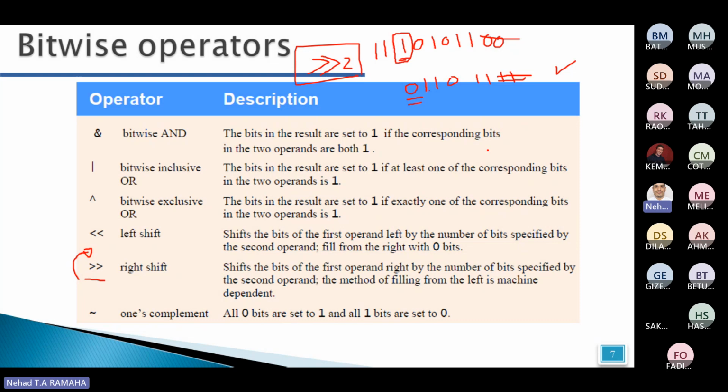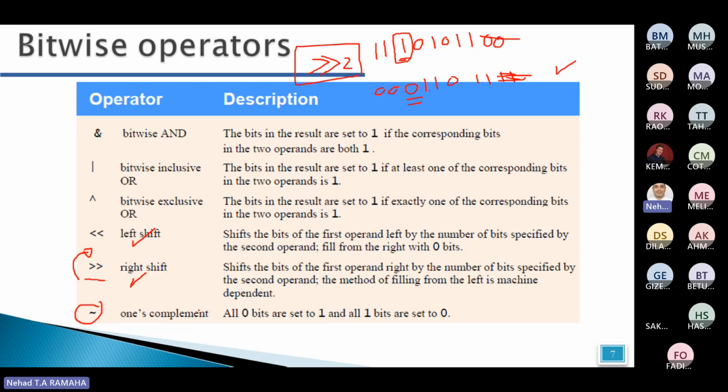So these 2 right digits are gone, and we add 2 digits here, the same as the sign. The sign is 0, so we will add 0. So this is the difference between right shift and left shift. In left shift, we always fill by 0 from the right and we lose digits from the left because we shift everything.